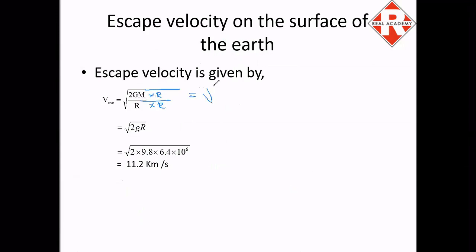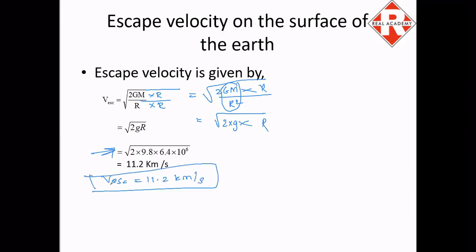Then what will you get? Root of 2GM into r upon r square. Correct? Now we already know this is given by small g. So it is the same as writing 2 into small g into r. What is g's value? 9.8. What is the radius of the earth? 6.4 into 10 raised to 6. So if you fill in these values, you will get escape velocity as 11.2 kilometers per second. So this is the escape velocity.